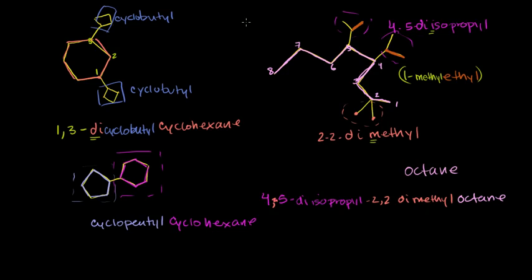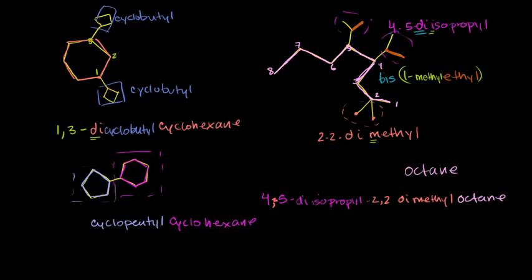Since we have 2 of them, instead of writing di, you write bis 1-methyl ethyl. That means you have 2 of these things right there, and it's still in the 4 and the 5 position. And if you look at it in alphabetical order now, methyl ethyl comes after methyl, right? So the order will now change.